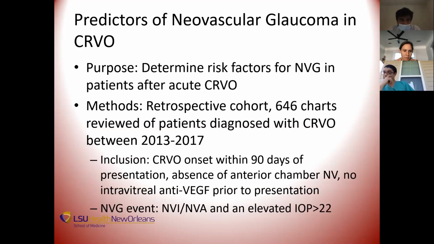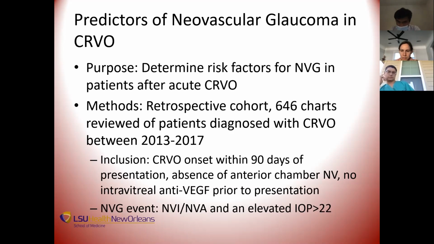So I wanted to share the study that I found about NVG specifically from CRVO. It looked at risk factors for NVG in patients after an acute CRVO. It was a retrospective study looking at 646 charts between 2013 and 2017.